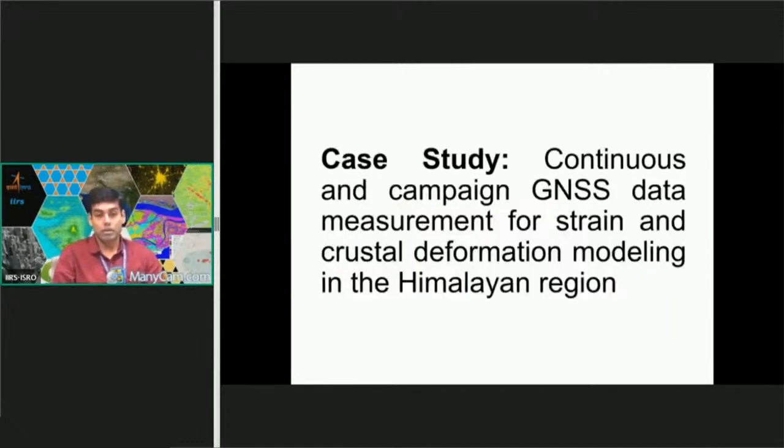So here we will discuss continuous and campaign GNSS data measurement for strain and crustal deformation modeling in the Himalayan region.